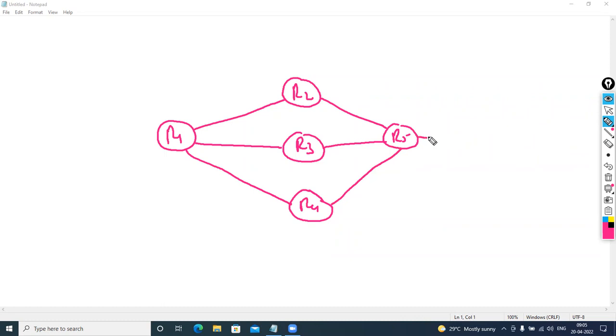Let us consider we have the destination. Let us consider the metric. I'll write MET, okay? So 5 and 10, 5, metric 5, metric 9, and metric 100.